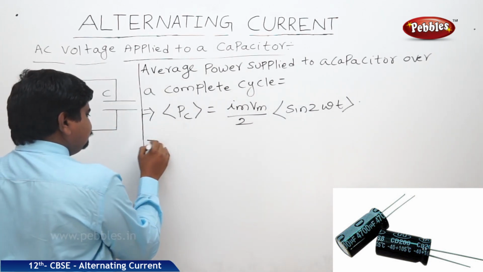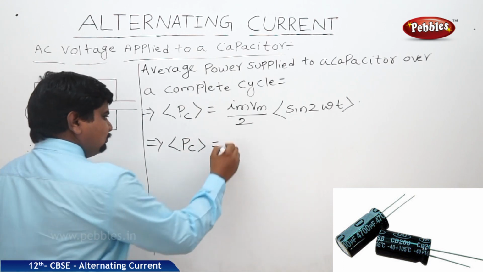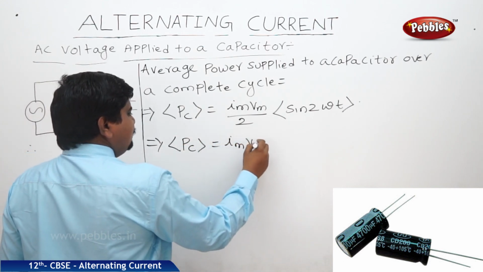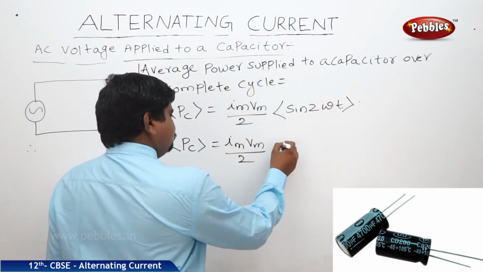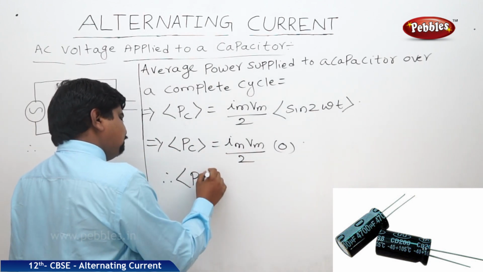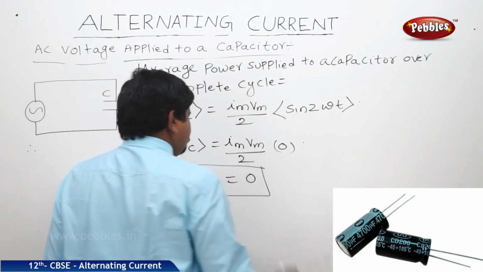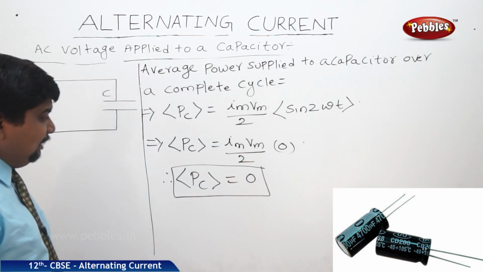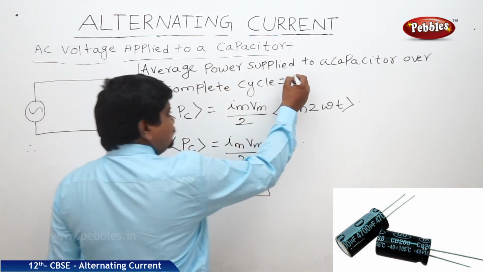Now, the average value of power through C is equal to Im Vm by 2 into the average value of sin theta, which is 0. Therefore, Pc is equal to 0. So here also, like an inductor, the average power supplied to a capacitor over a complete cycle is 0.